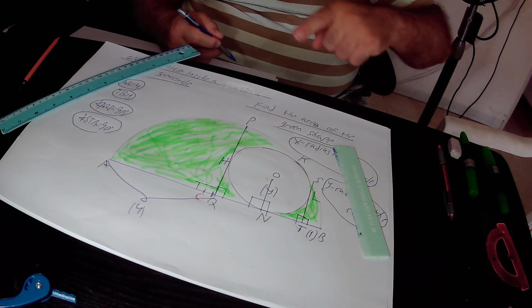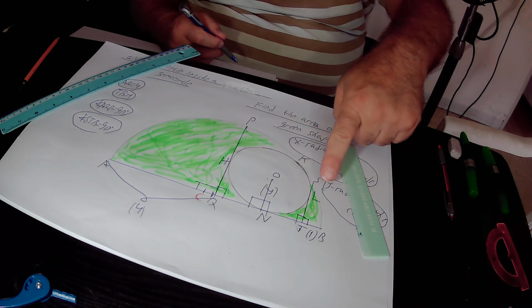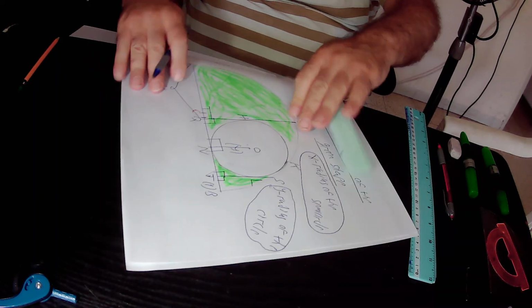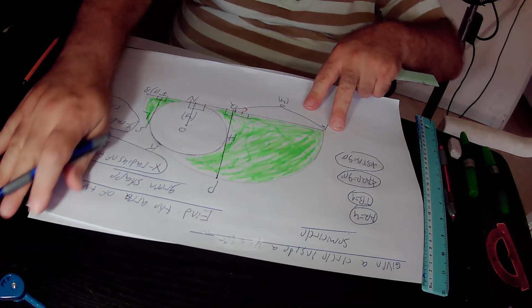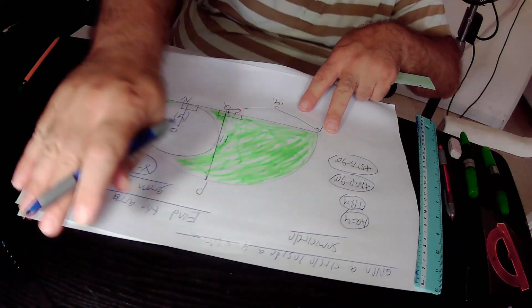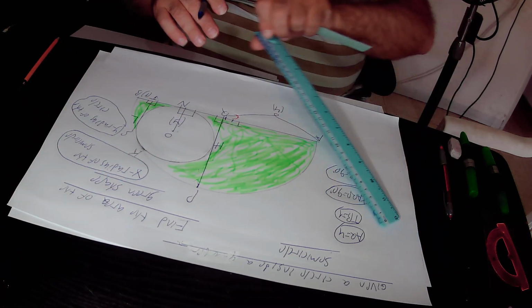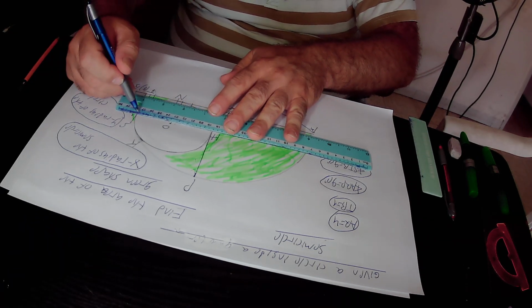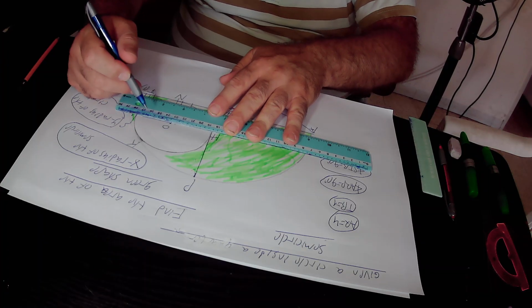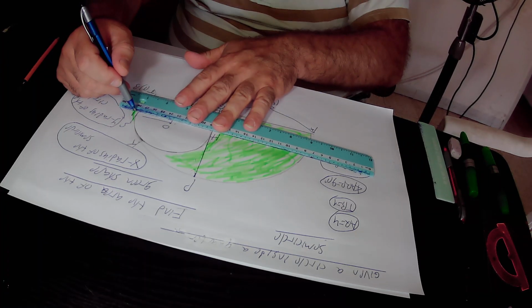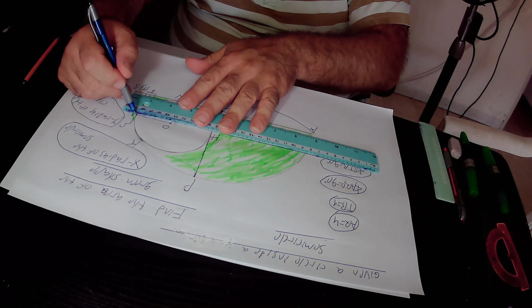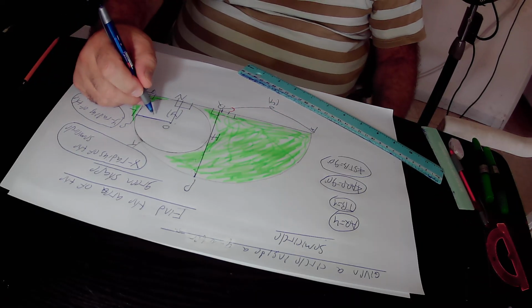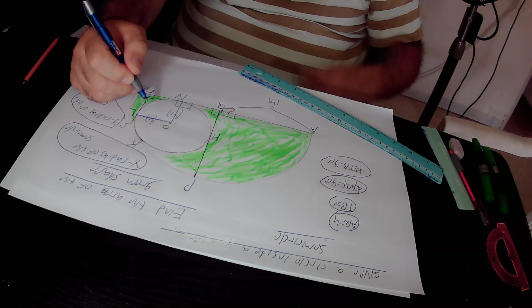In the next step, we join points O and L together by a straight line. OL is of course the radius of this small circle that equals y according to our definition.